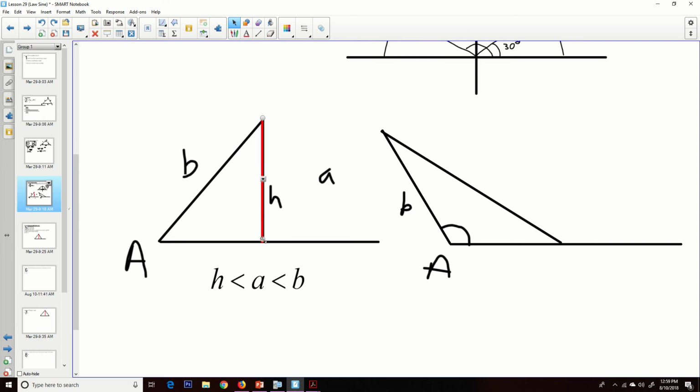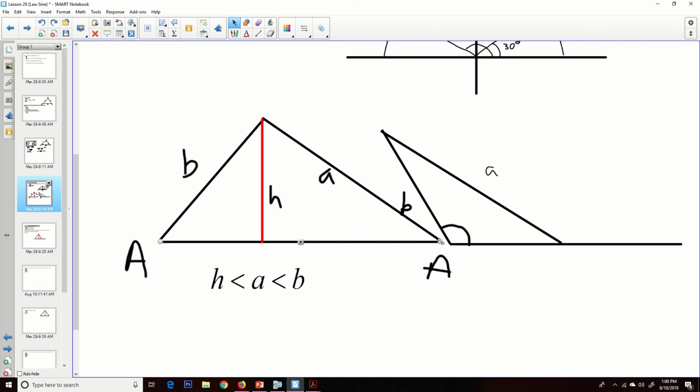If little a is equal to the height, we'll have only one solution, because we'll have a right triangle there. If little a, I didn't write it here, is longer than little b, we could only have one possible solution, even if the angle is both obtuse and acute.